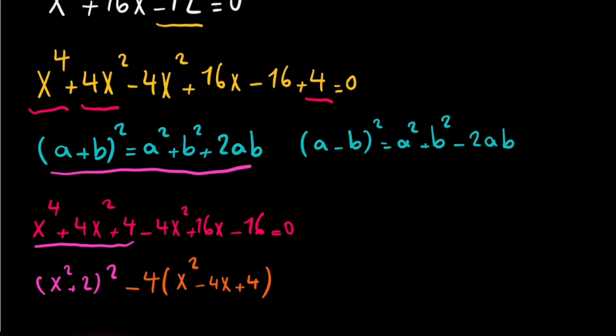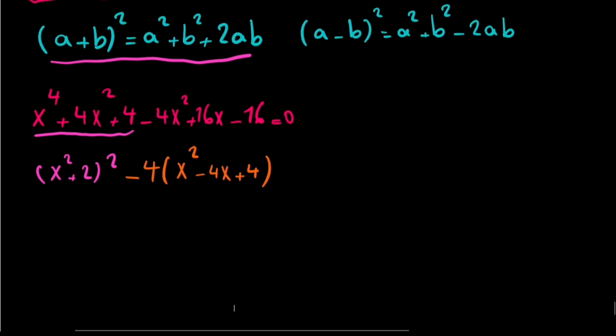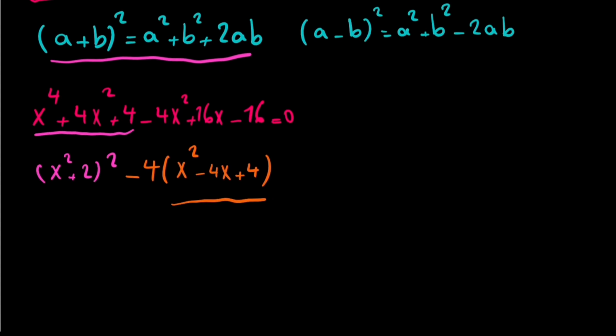So if you look at the second one, I mean the orange one, this one, that's equal 0. Don't forget. So you had x squared plus 2 squared minus 4. If you look at this, you can write it as x minus 2 squared.